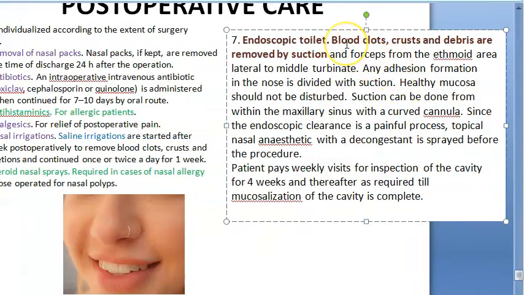Endoscopic toilet: blood clots, crusts and debris are removed by suction and forceps from the ethmoid area lateral to the middle turbinate. Any adhesion is divided. Healthy mucosa should not be disturbed. Guys, focus. Suction can be done from within the maxillary sinus with a curved cannula.